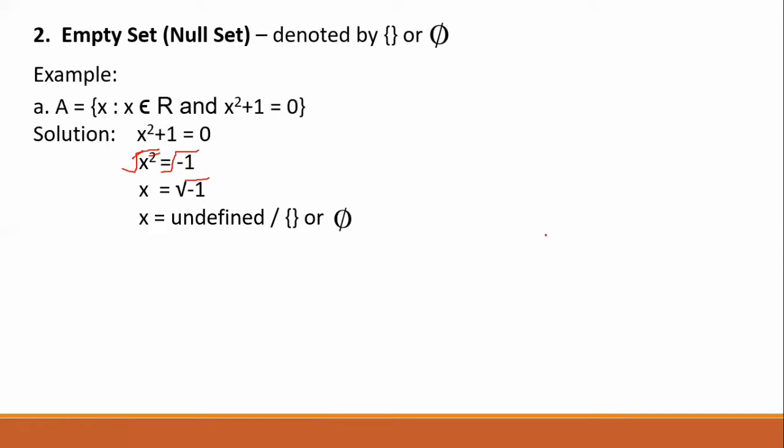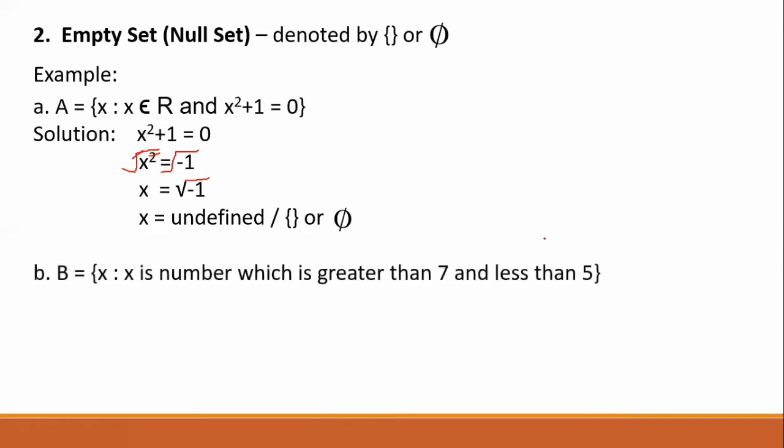Good. Here is example letter B. B is equal to the set containing x such that x is a number which is greater than 7 and less than 5. Try to analyze what are the elements of x. Are there any? What are the numbers greater than 7? 8, 9, 10, 11, 12.